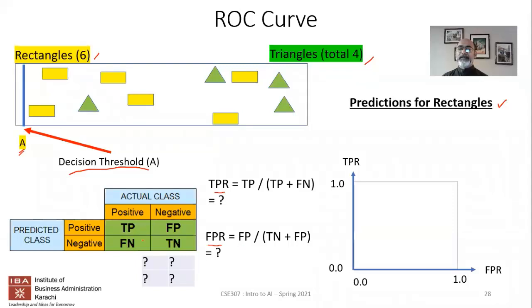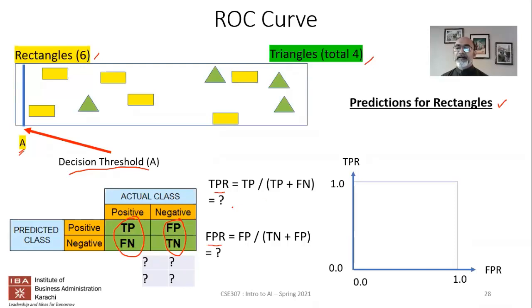The true positive rate is true positives divided by true positives plus false negatives. And false positive rate is simply the false positives as compared to the true negatives. So you can see that this is vertically aligned.